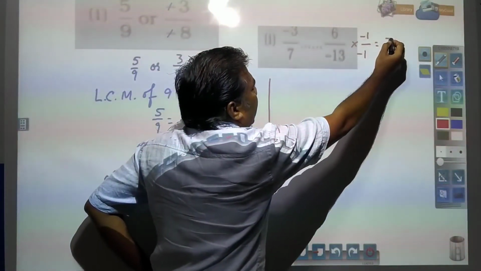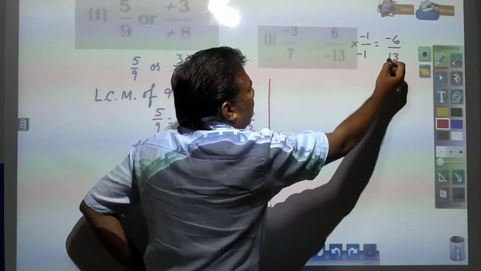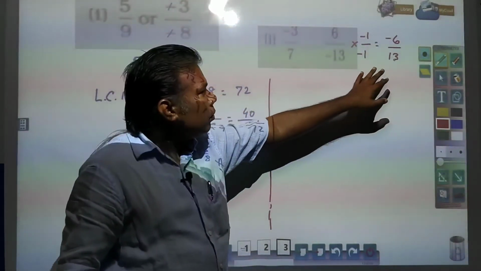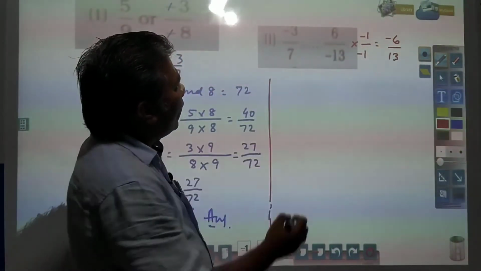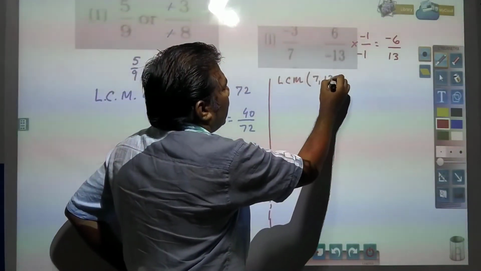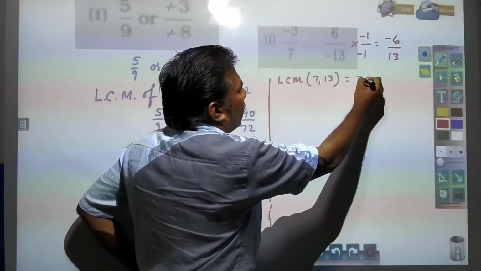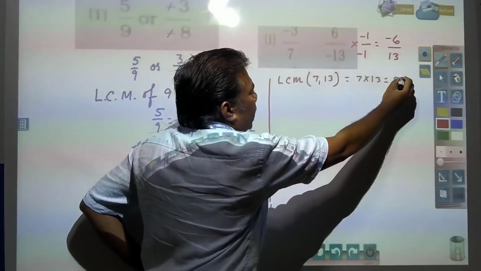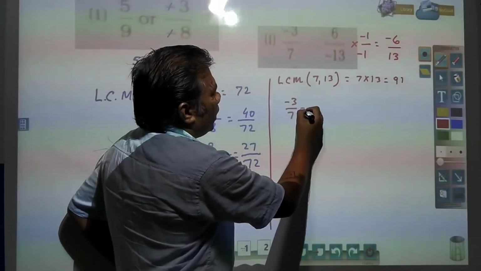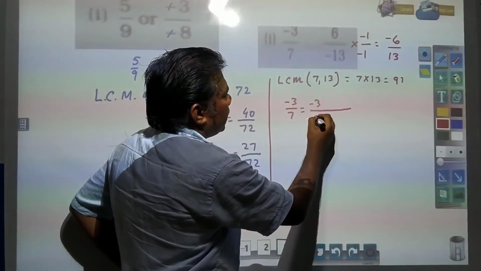So it will be minus 6 by 13. Now you see 7 and 13 you have. Now you need to find out LCM of 7 and 13, and that will be 7 into 13. It means 91. So minus 3 by 7 can be written as minus 3 by 7.